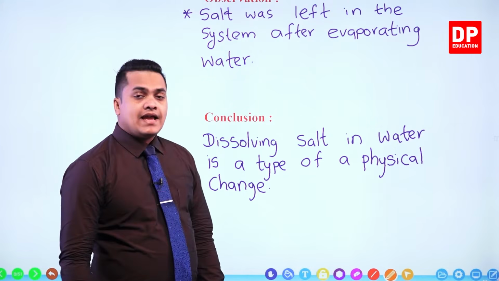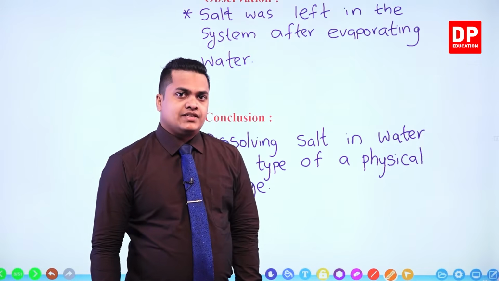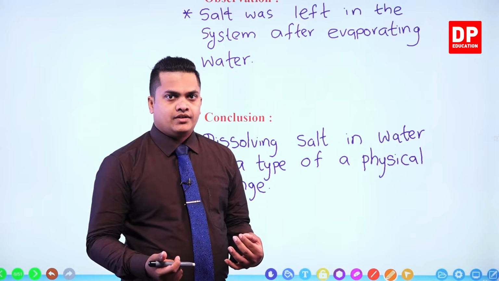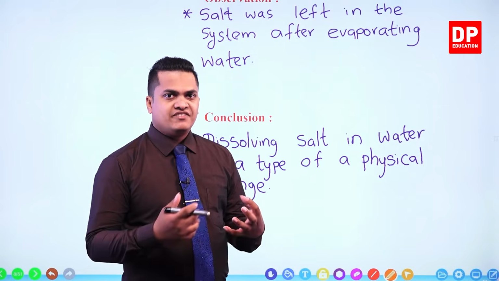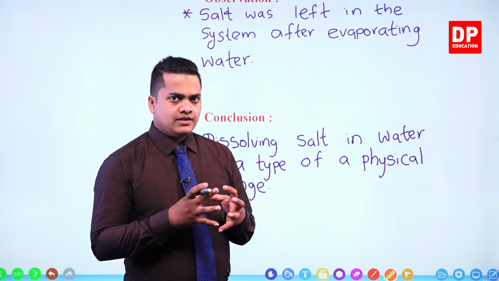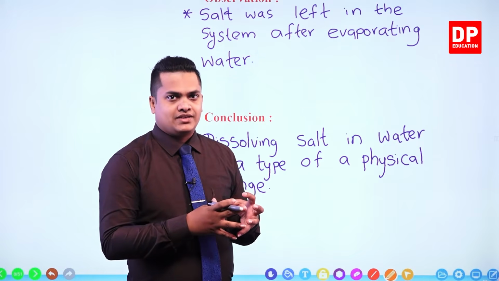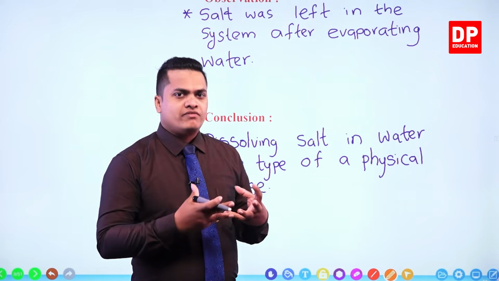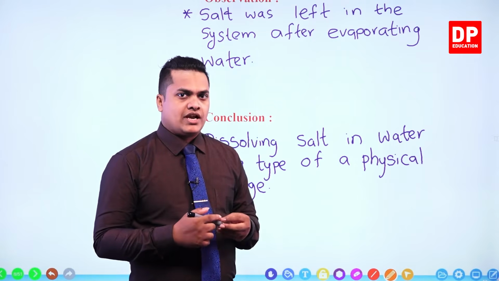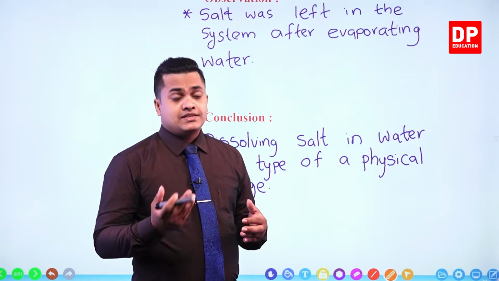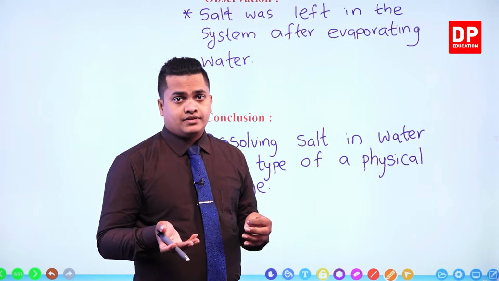So you can see that physical changes can be reverted back, right? In a physical change, only the nature of existence of particles, I mean the nature of matter, is going to change. New substances are not getting created, right?